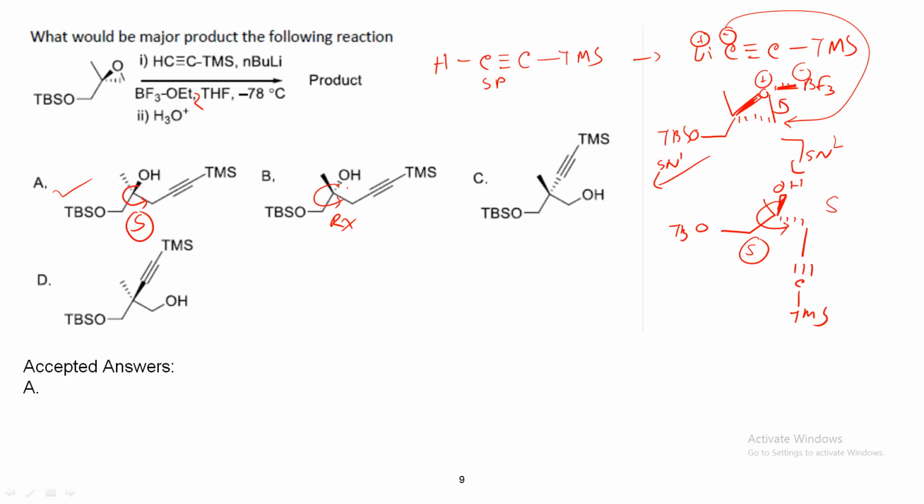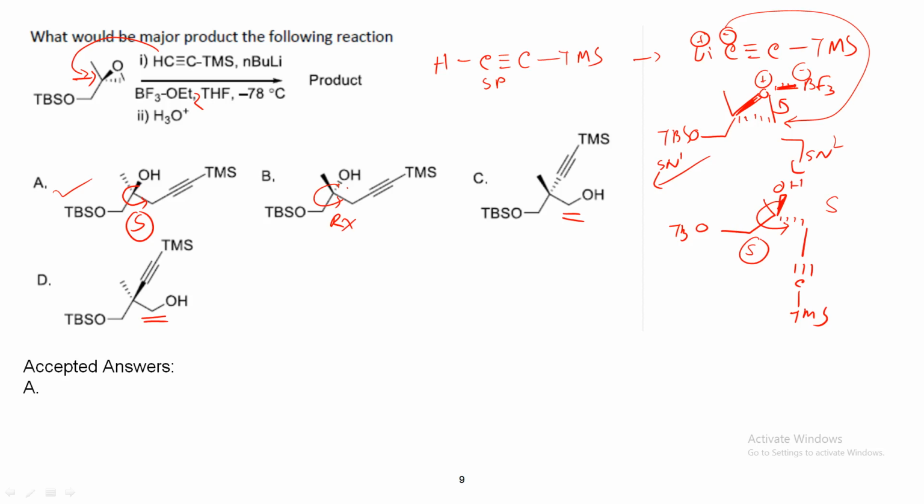And what is this? Here you can see they attacked this particular tertiary center. If this attack were possible, then only this kind of species formation would be there. But you can see the SN2 is not possible, because it is a tertiary center and a lot of bulk is there.